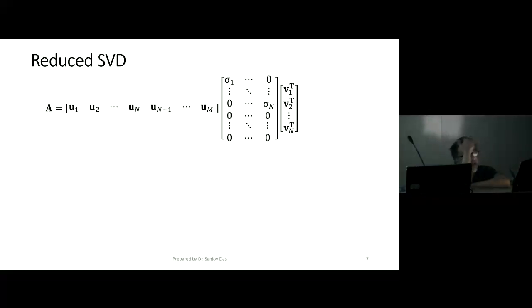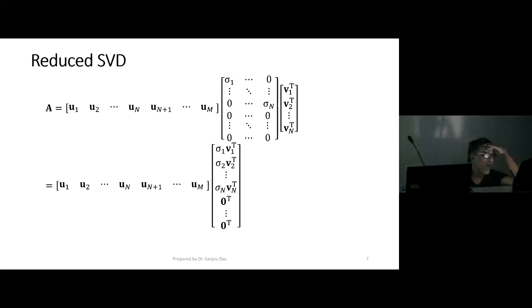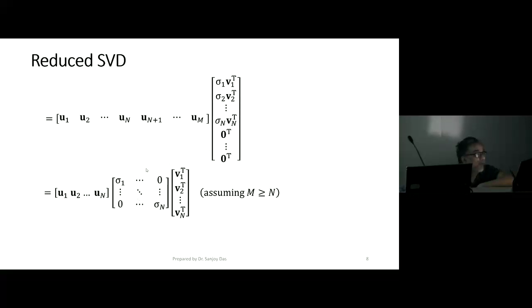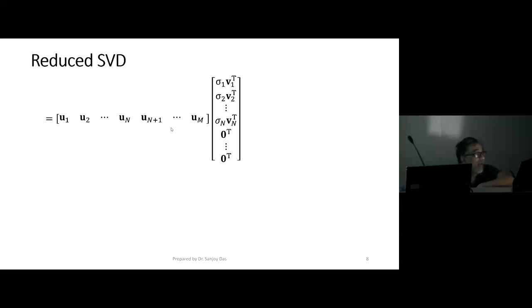Now let's look at reduced SVD. We started off with this, correct? And then we got this, and then we did this multiplication. So what's happening here is these Un plus 1 through Um were getting multiplied with all zeros, right?